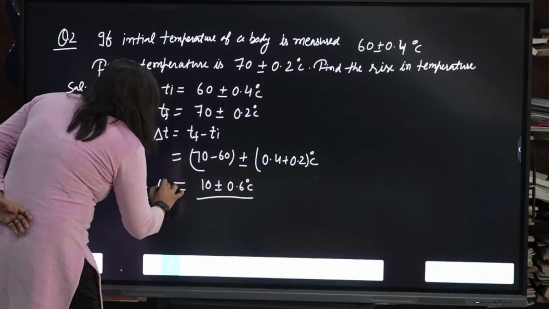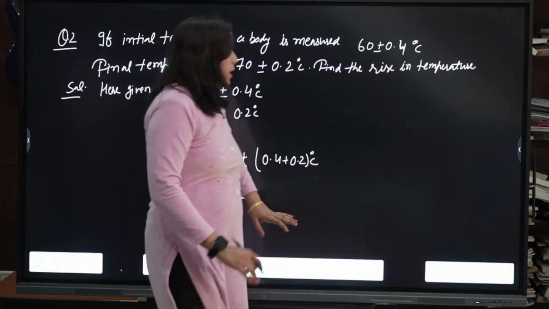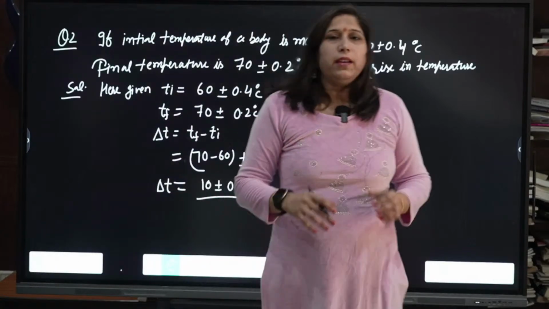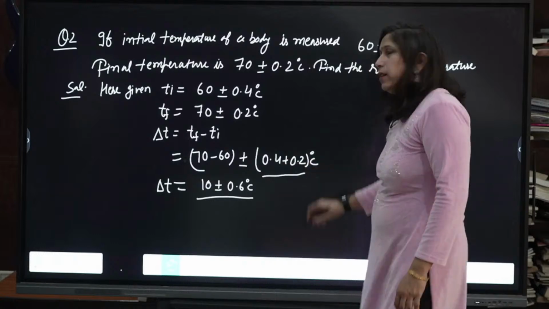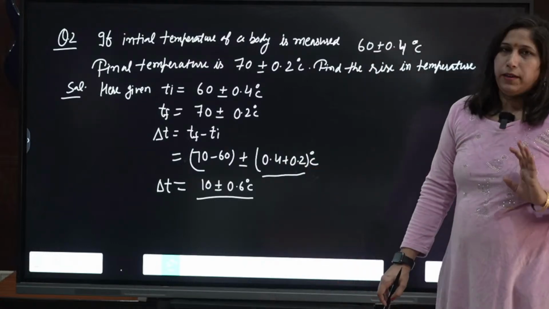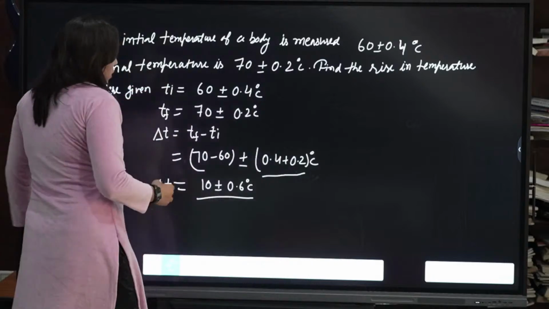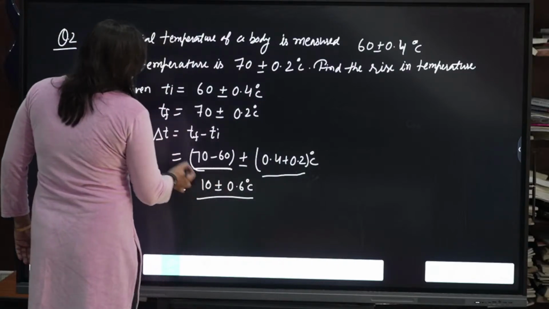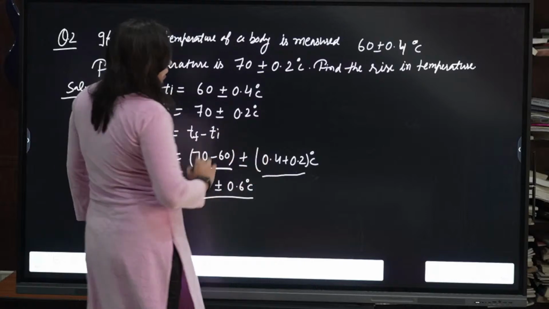It is the rise in temperature. So simple. Sum of error, maybe difference of error, main point is that error is always added. Only your observed real value is subtracted here, but error is added.